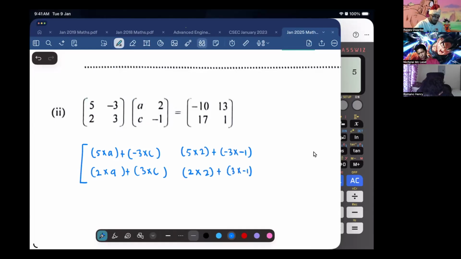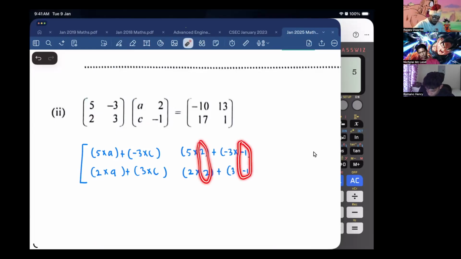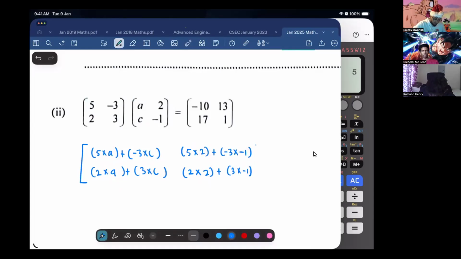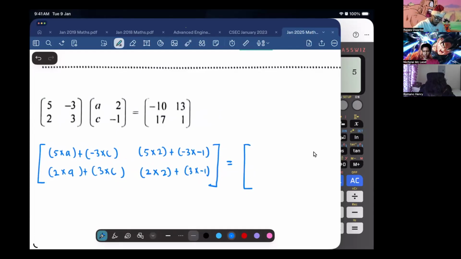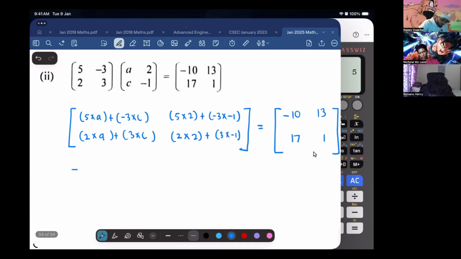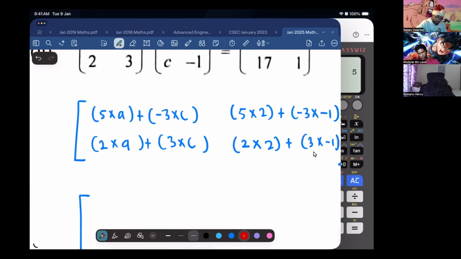So again, you see the hack I was talking about, right? And that's supposed to be equal to what? Negative 10, 13, 17, and 1. So 5 by A is what? 5A. And minus 3 by C is?